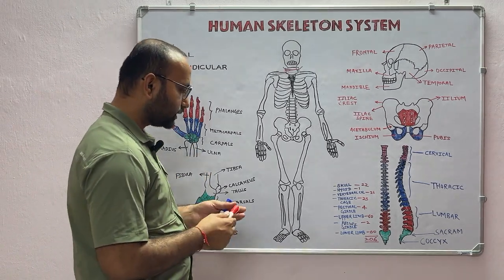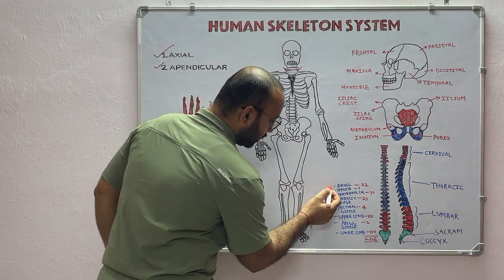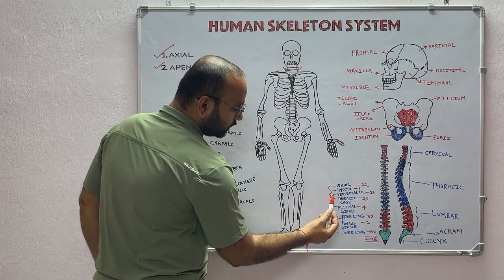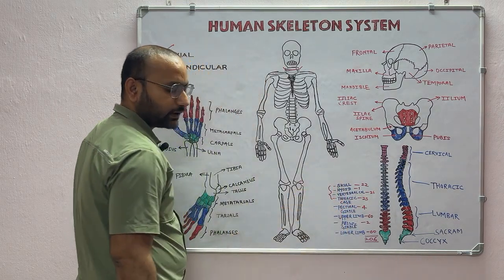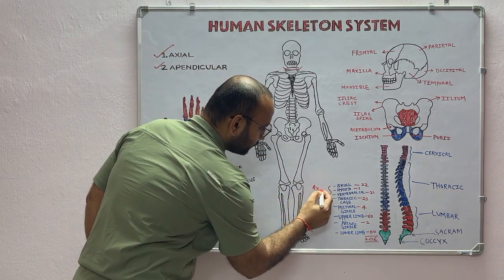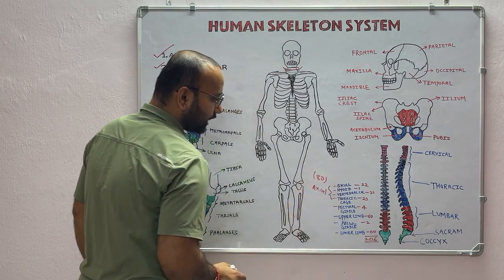In the axial skeleton, you have four different parts. You have the skull, then the hyoid bone, then the vertebral column and the thoracic cage. All these four parts are a part of the axial skeleton, right? In total, you have 80 bones in the axial skeleton.